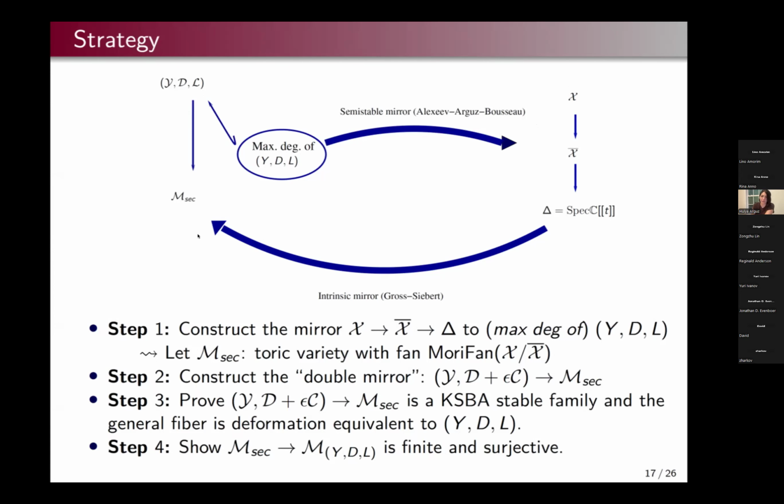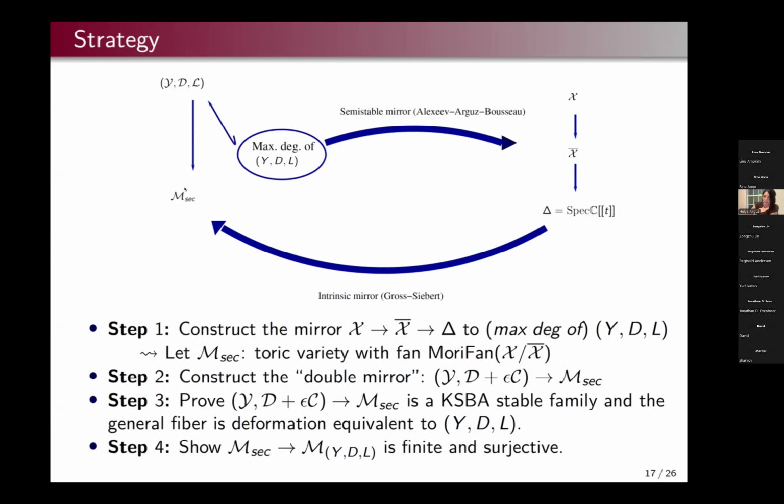And what we do is we provide a construction, and we do show that if you start with YDL, apply our construction, and then apply Gross-Siebert, you will get a family, where we prove that in this double mirror family, you do see the general fiber. So it gives the right double mirror.